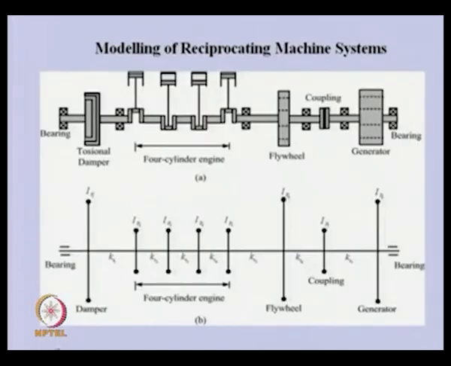In this particular case, let us say we have a 4-cylinder engine. These are the 4 reciprocating engines, and apart from this we will have other accessories, like some kind of torsional damper or flywheel, because fluctuation of energy takes place as the firing orders of the engines are different.